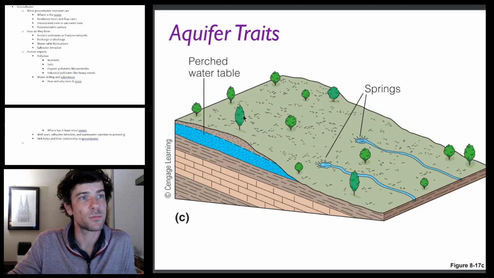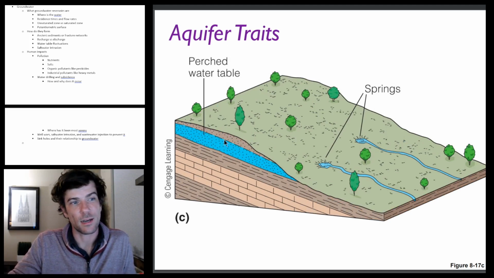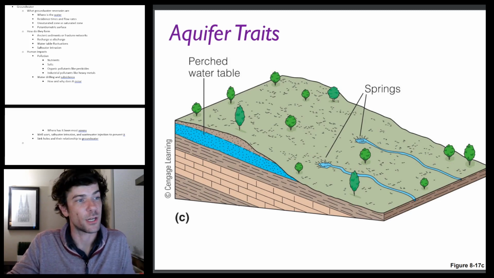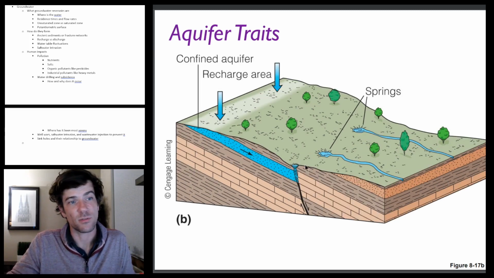It talks a lot about those. So it's kind of like this, where the water comes out. This is something called a perched water table. That's in the shallow zone where you have an unsaturated zone above, but Claremont is more of a situation like this.